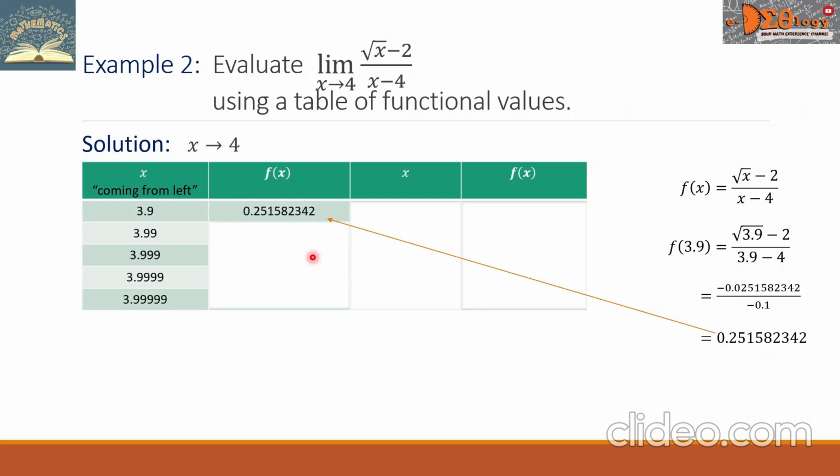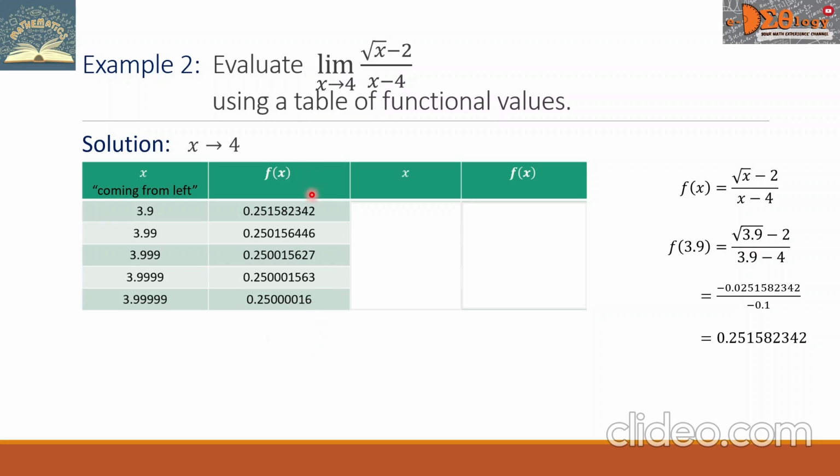Then we copy this value in here. So, same pattern we will do for the other values of x. Then we can write now the values of f of x respectively. And here it is.